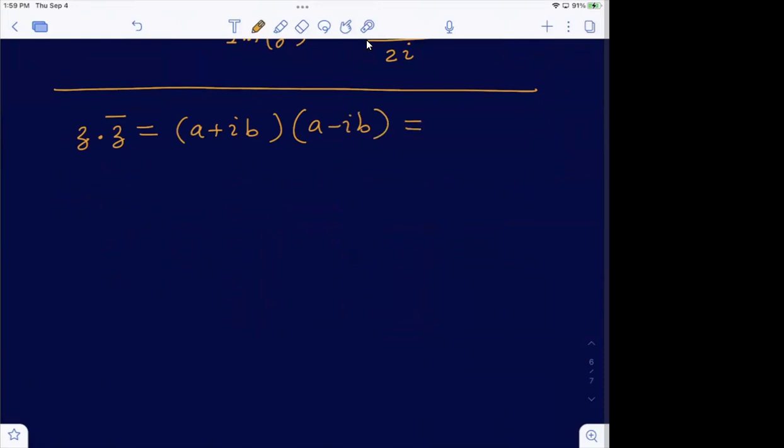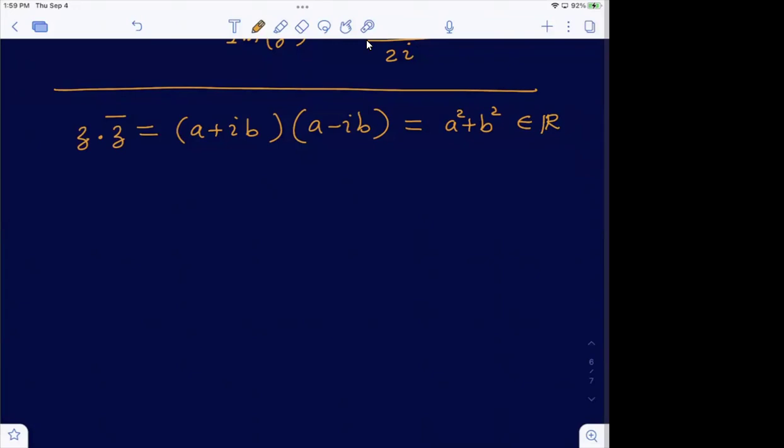We know when we simplify this, it's going to be a square minus i square times b square, which turns out to be a square plus b square, which happens to be a purely real number as well. There is no imaginary component. So that simply means whenever you multiply a complex number with its conjugate, you will end up getting a real number. And these observations will be helpful in some instances.